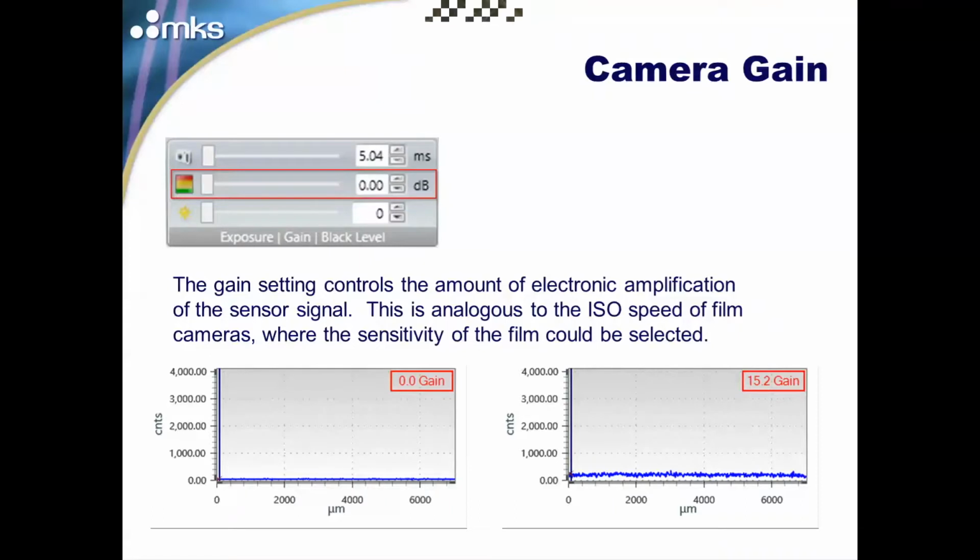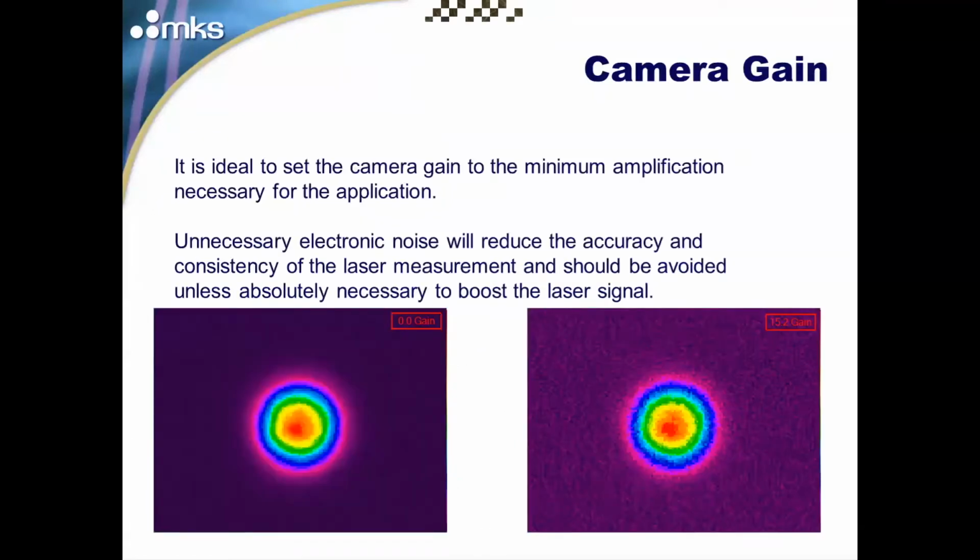And so between the left and right charts on the bottom of this slide, you'll see that the level of the baseline didn't really increase, but the electronic noise increased heavily. And that's just between 0 dB gain and 15.2 dB gain. Whenever possible, we want to reduce the gain and not use it at all unless you really need to.